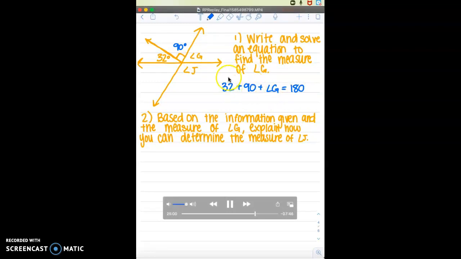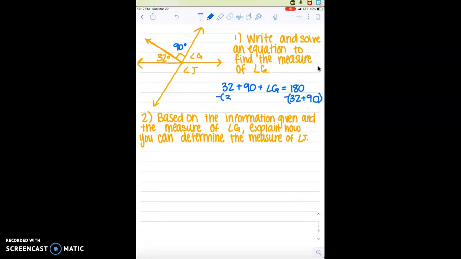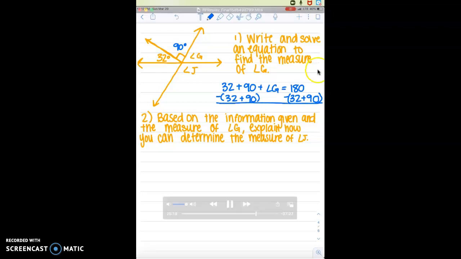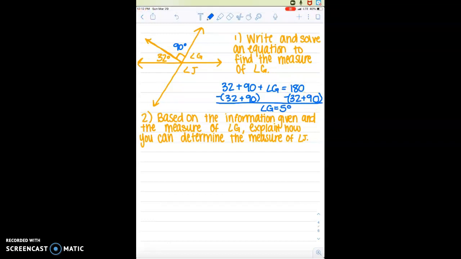So I'm going to take away 32 plus 90 from this side, and I'm also going to take away 32 plus 90 from this side. And all I'm doing is basically adding those two together and subtracting them from 180. And that's going to give me angle G equals 58 degrees.